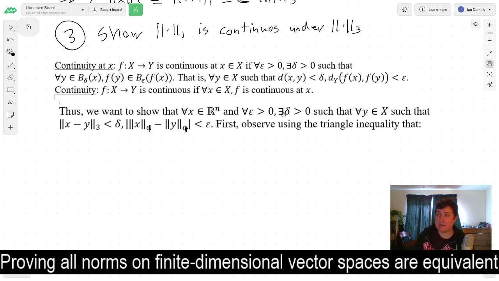Although we need to find this delta. We're going to go through some calculations to see what the delta is first. So we're going to look at what this is. First, if we lose the absolute value here, we take x1 minus y1, and then we do a fancy little trick where I call this first x y plus x minus y.